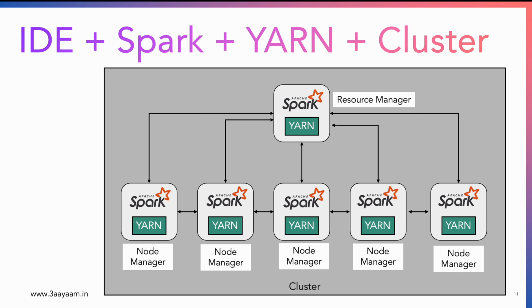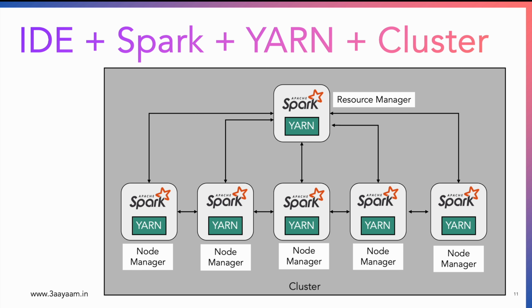After that, we'll have to install Spark on top of it. Of course, Hadoop should also be there. We'll have to install Hadoop and then we'll have to install Spark. We do not do it. It is again done by the hosting platform. So if you're using a managed service, what we do is we launch an EMR cluster or a Dataproc cluster, and what those managed services do is, AWS would install Yarn, Hadoop, Spark, etc. in the EMR cluster, and Google Cloud would install Yarn, Spark, etc. in the Dataproc cluster.